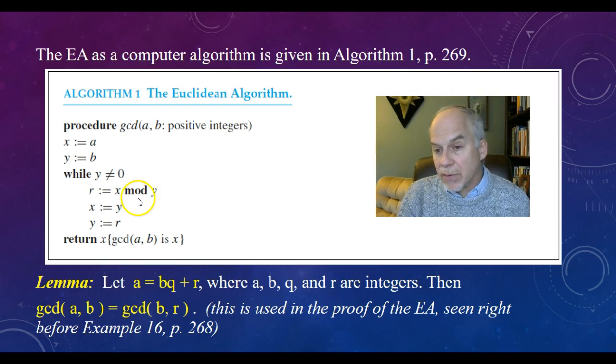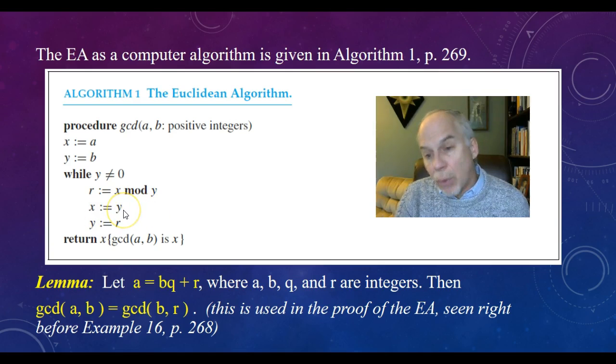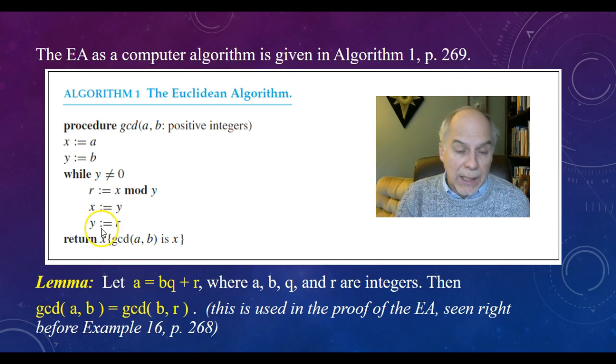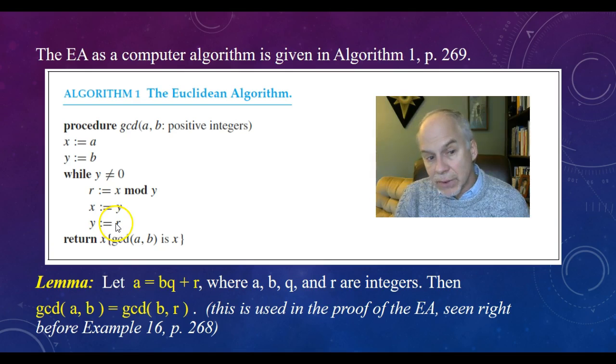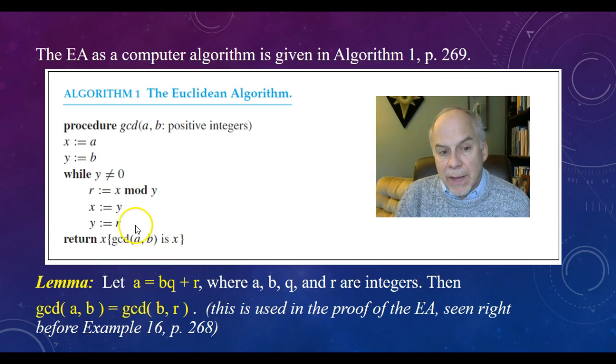It finds the remainder when y is divided into x. Then it sets x equal to y and y equal to the remainder. So it's always setting that lower number into the remainder. And then it goes back up and does it again.